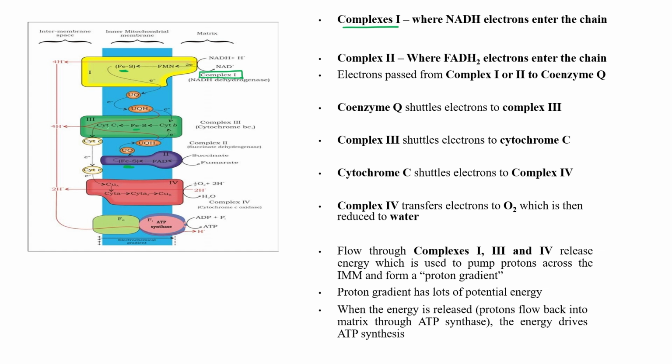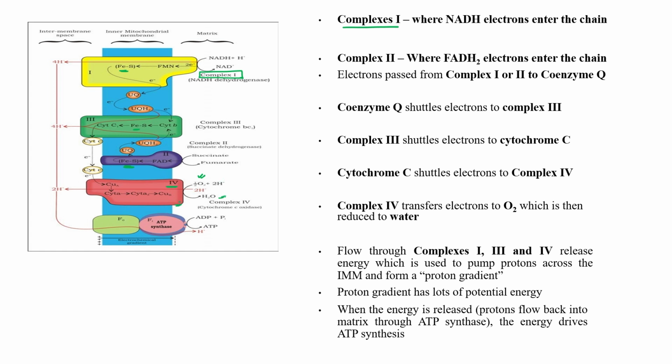Both complex 1 and complex 2 push their electrons through ubiquinone to complex 3, where the mobile electron carrier, cytochrome C, collects all the electrons from complex 3 and passes them to complex 4, where cytochrome A and A3 act as carriers and give all the electrons to oxygen. This oxygen further utilizes the remaining protons present in the matrix and the electrons and converts itself into water.